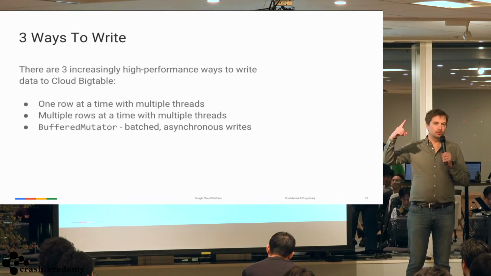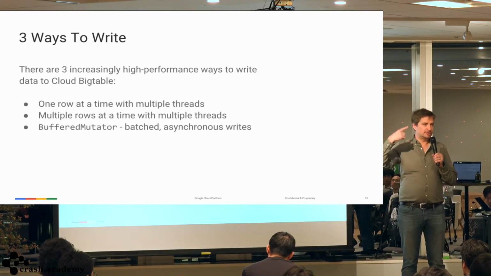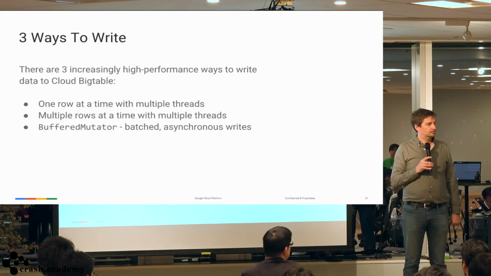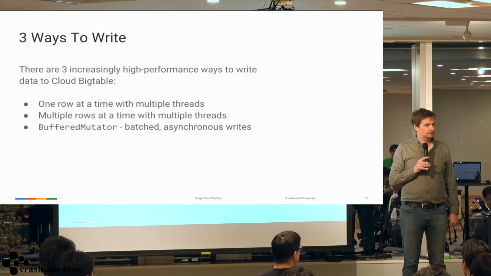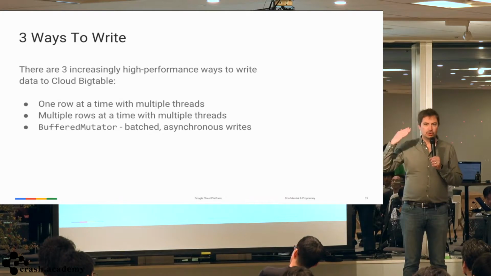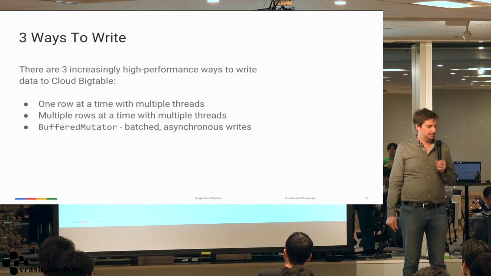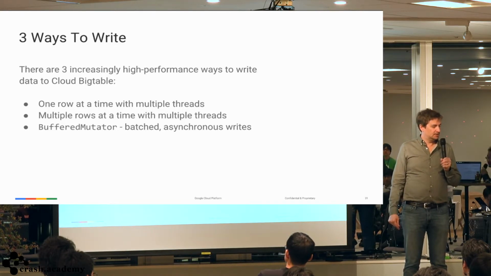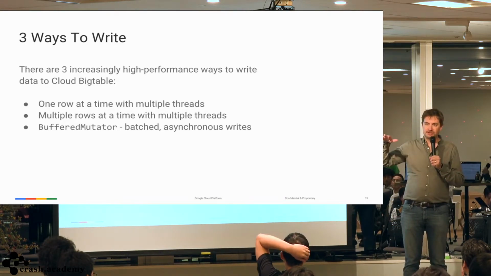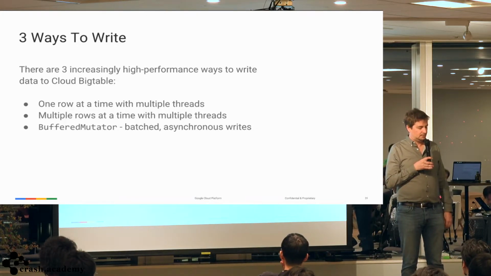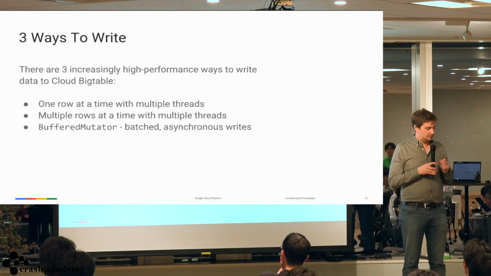You can write one row at a time and wait for a response for each row, but then you're waiting for the end-to-end network latency. So it's better to write with multiple threads simultaneously.